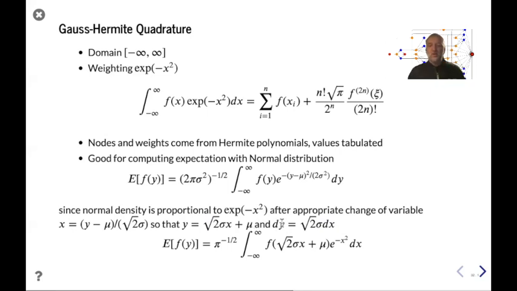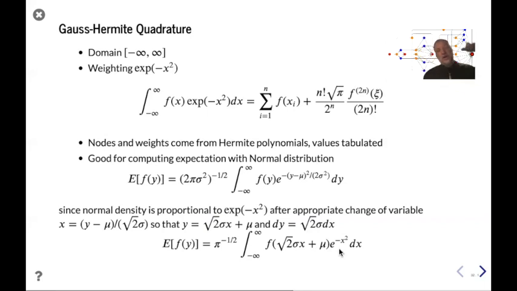Then you differentiate this with respect to x, and you get essentially the square root of 2 times sigma, and then you move the dx to the other side. So dy you can derive directly from this. Then we essentially replace all this stuff up here, and we end up with this simple formula.